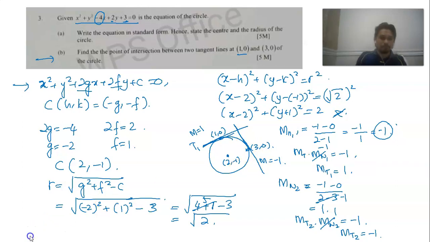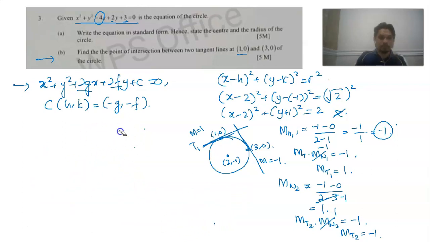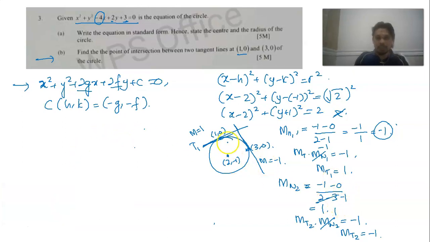Okay, now I'll clear all this. Okay, so then this line, taking the coordinate of (1, 0), equation of the line at a point of (1, 0): y minus 0, and the gradient of tangent is 1 here, times x minus 1.